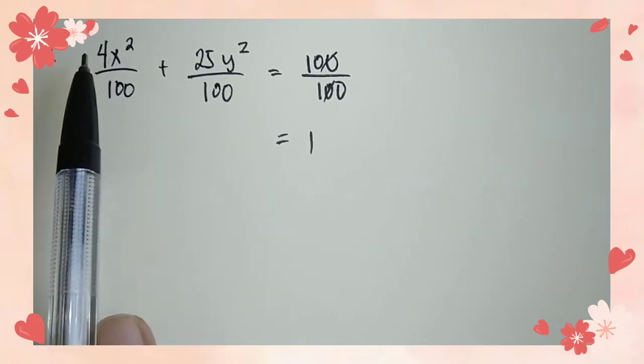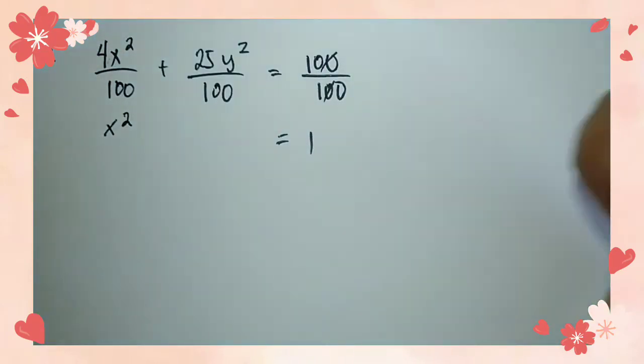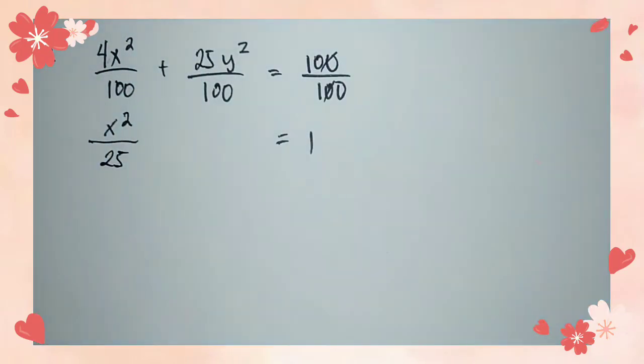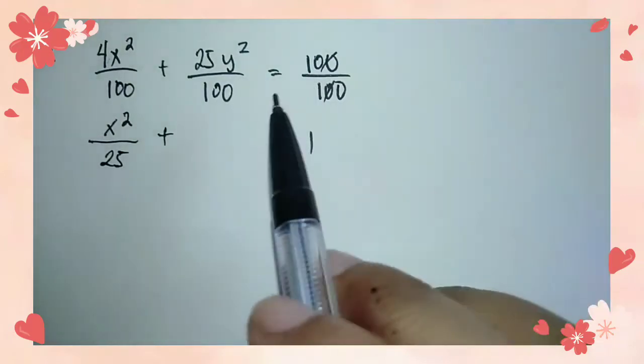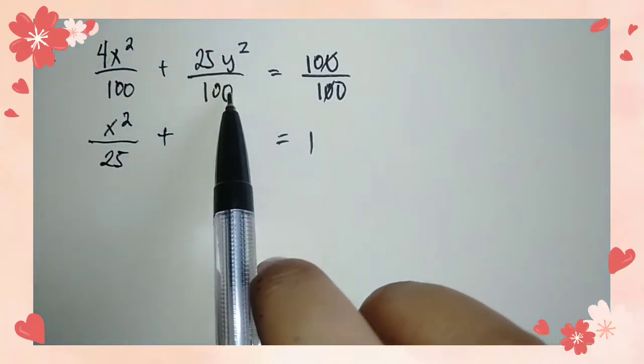So 4 divided by 4 is equal to 1. Therefore, x squared na lang siya. Tama? Over 100 divided by 4 is equal to 25. Okay? And the next thing to do is to lowest term 25 over 100.